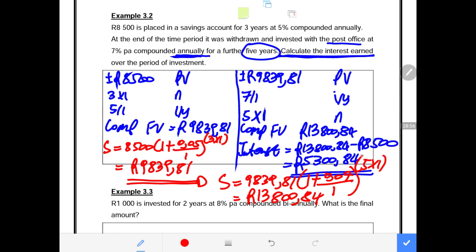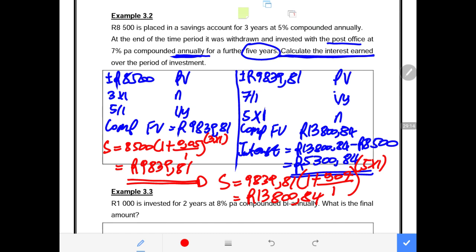Please remember how to put that in your calculator. For you to do that, you say in your calculator 8,500, open brackets 1 plus 0.07 divided by 1.